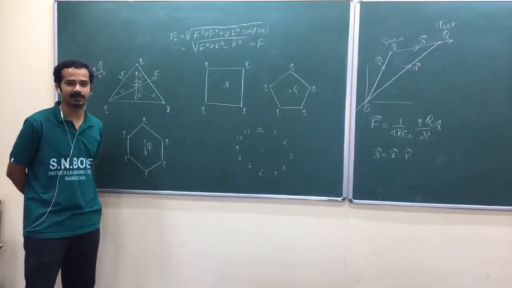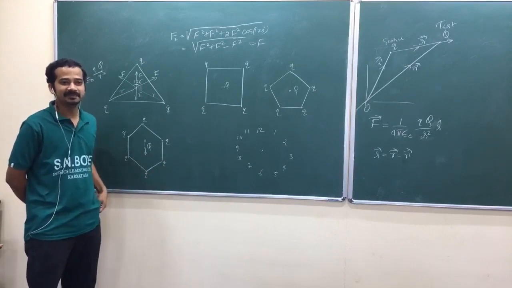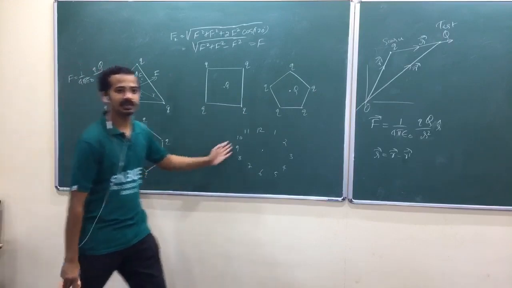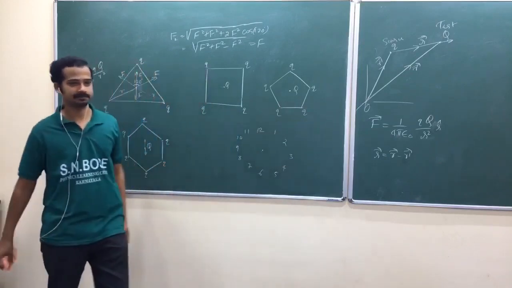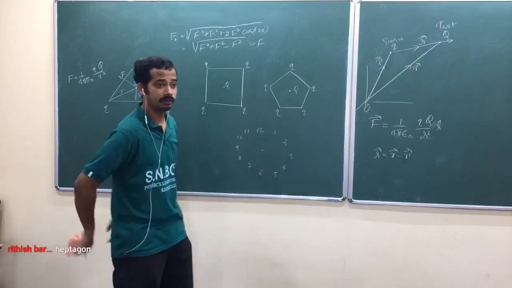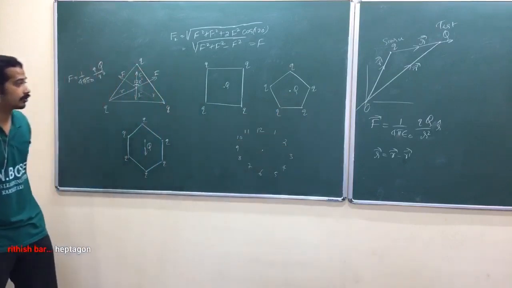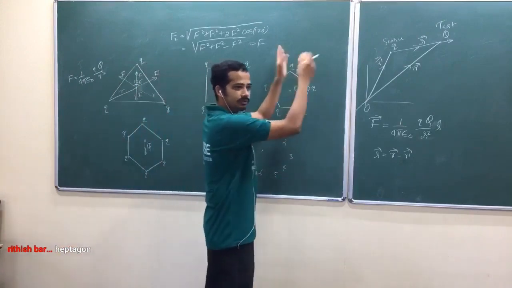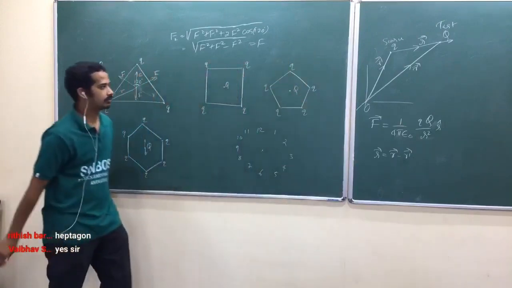Let it be. Okay? Yeah. Now, again, for 13-sided polygon, the same thing will happen. Very difficult to show even for pentagon. You have to find the angles and you have to work out the force due to this one, force due to this one, and you have to see how they are going to get cancelled.